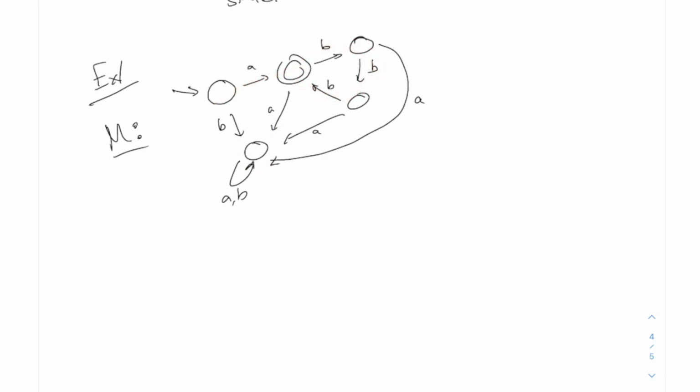Anyway, can we say the language of M is, we'll write it as a set, or you could write it as a regular expression if you wanted to, but what do you think? A, B? It's a little more.